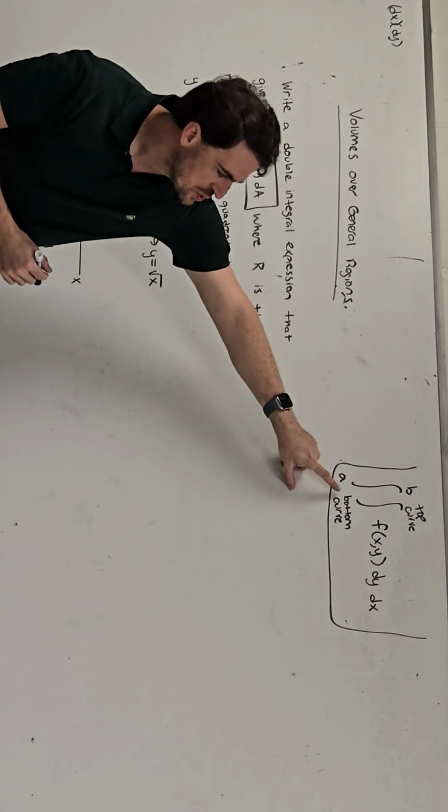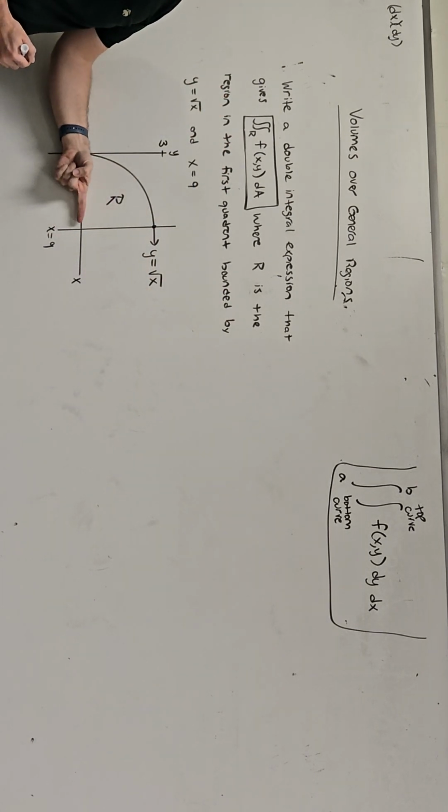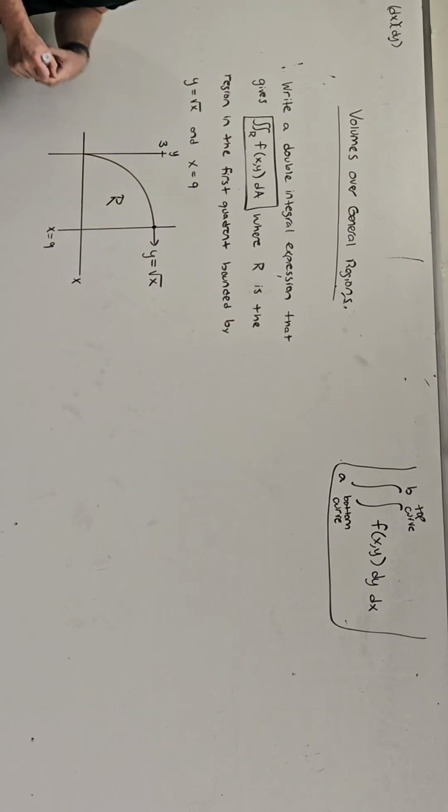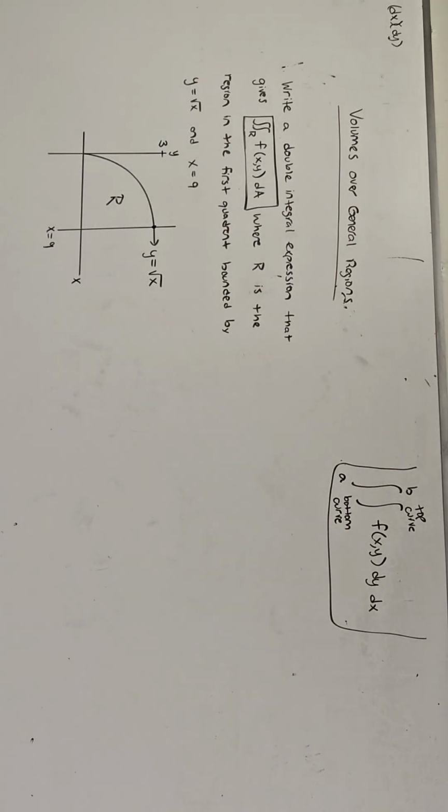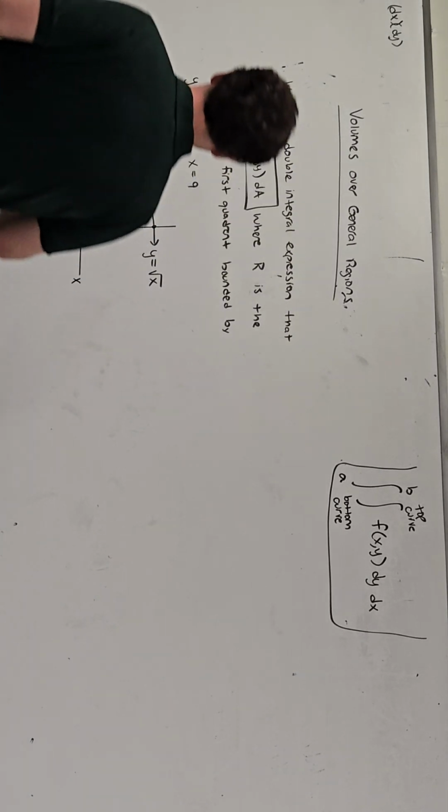So what this is saying is you can integrate from the bottom curve to the quote-unquote top curve. So if you want to imagine drawing like a vertical line, and again, this will really start to feel like things we were doing in Calc 2.